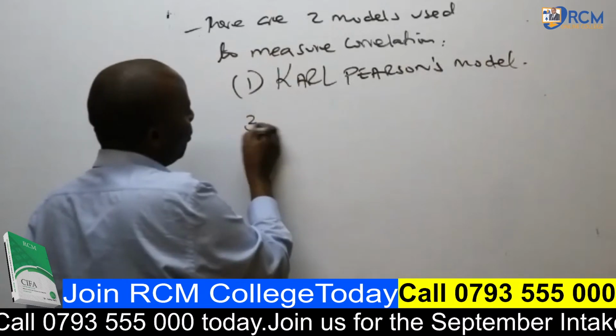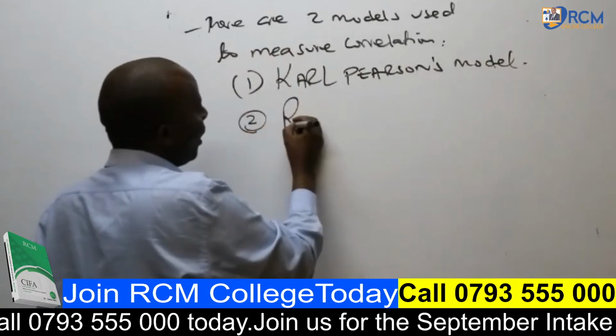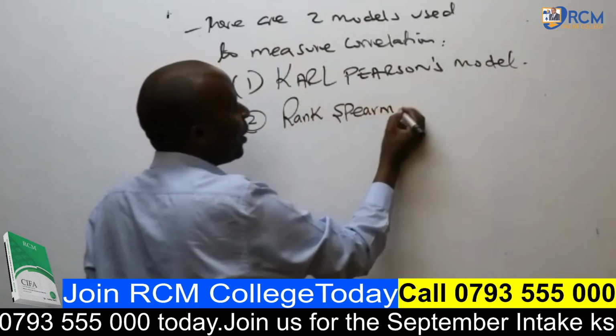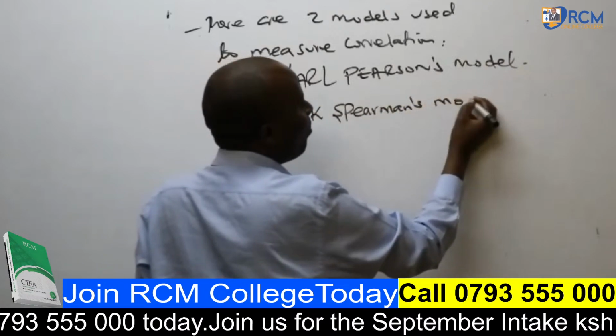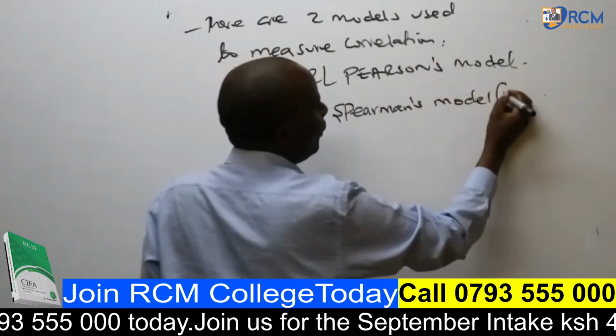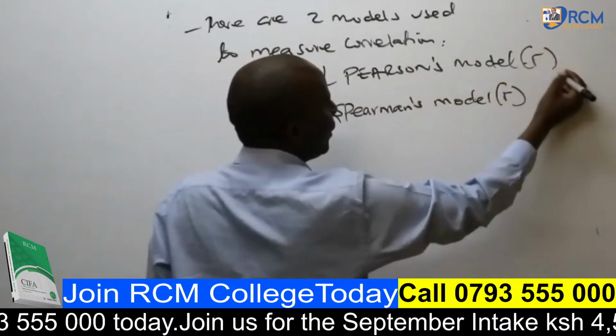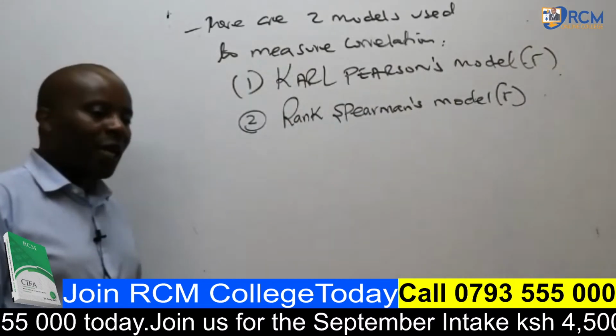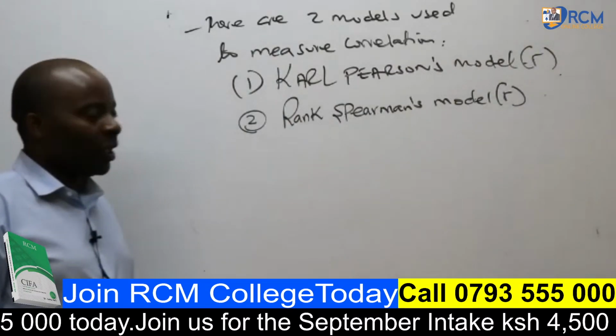And then number two, we have the Spearman's rank model. Both of them are denoted with R. Both of them are denoted with what here? With R. Both of them are denoted with R.